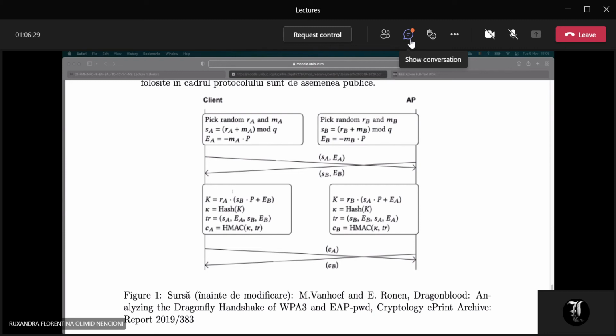To give some hints, what you need to do here is look at the final value of the key K after you did the math for the first point, and then see that the P is coming from a weak password. What does that mean? That means that even the P can be weak to brute force.